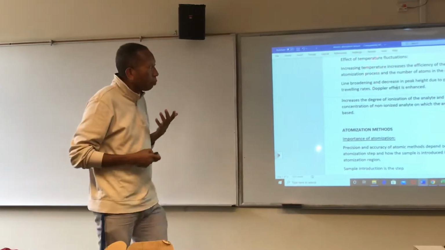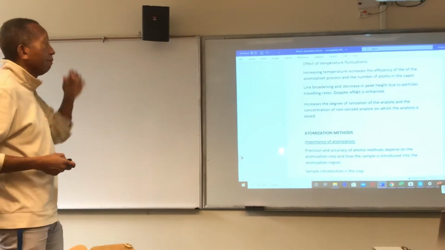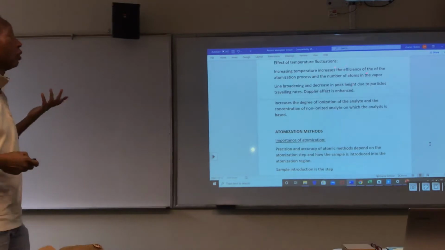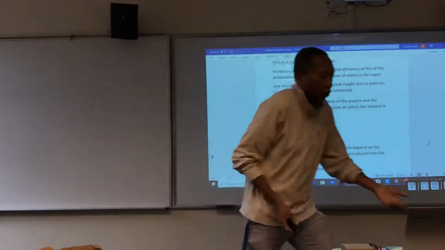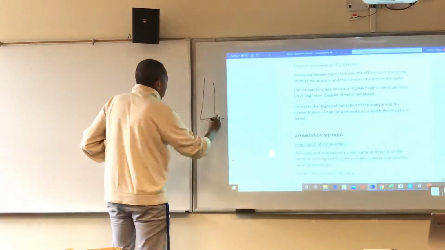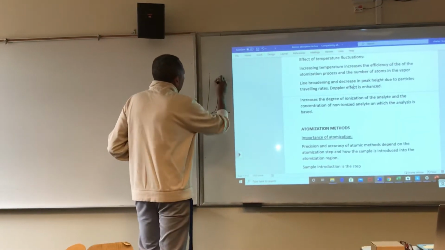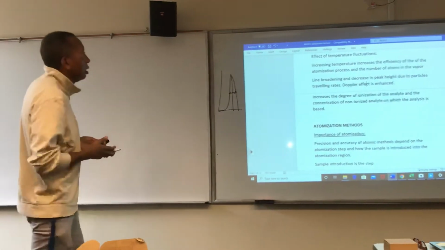And that's one of the errors in atomic spectroscopy, and that produces line broadening, because ideally we want this, right? But we still get something that looks like that. This bandwidth is extremely narrow, but we still get something like that.